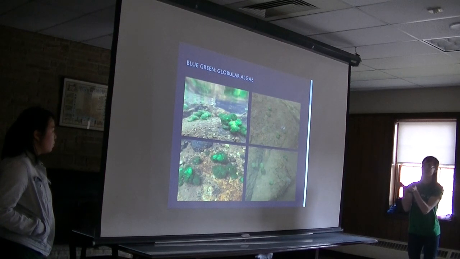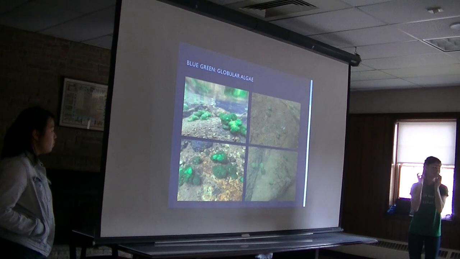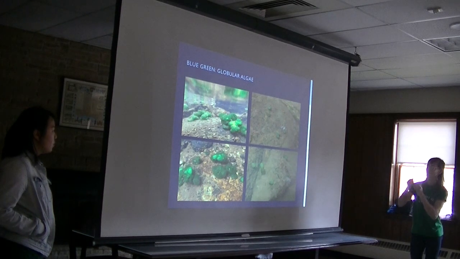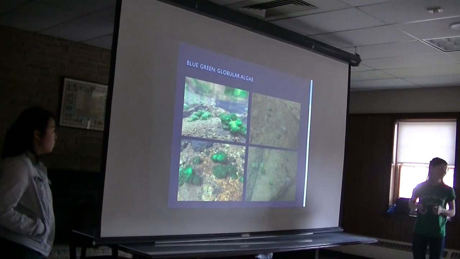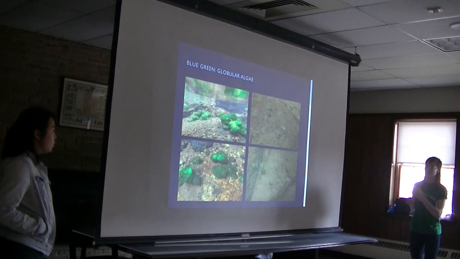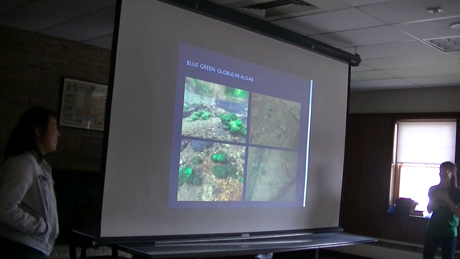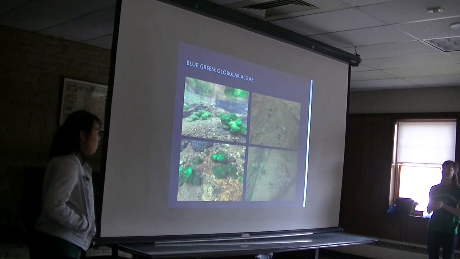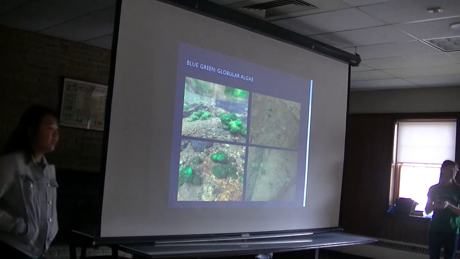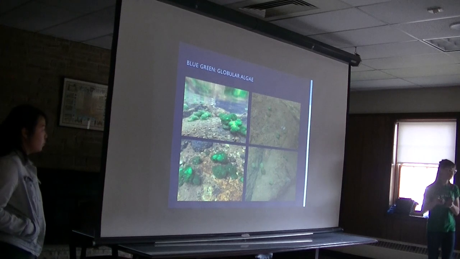It looks a little bit different than tufts. It's not soft and pillowy. It looks like big old blobs, and it looks kind of gross. But this is actually a really cool type of blue-green algae, at least to me. Again, we've only seen this in the New Jersey Highlands. We've never seen this in any streams in Philly.